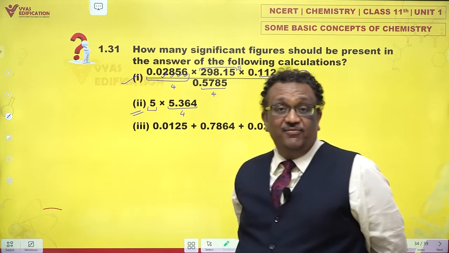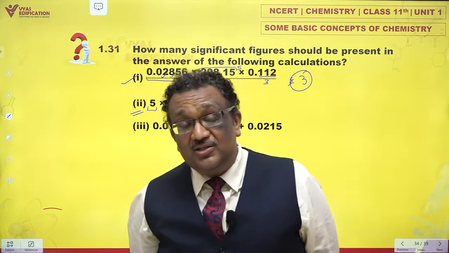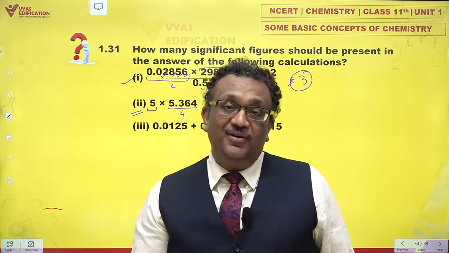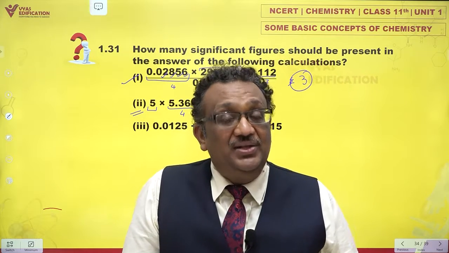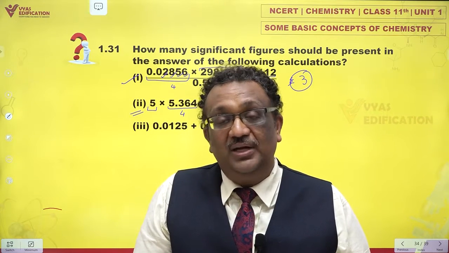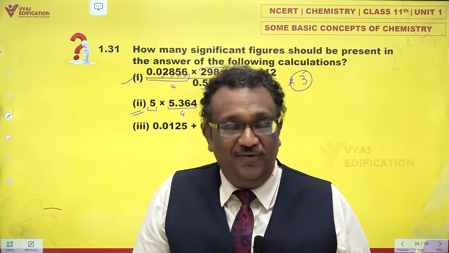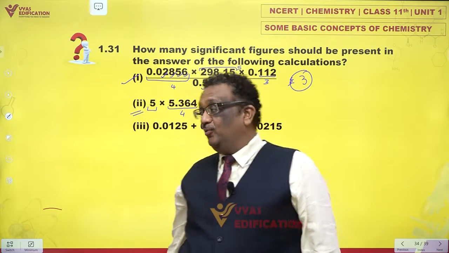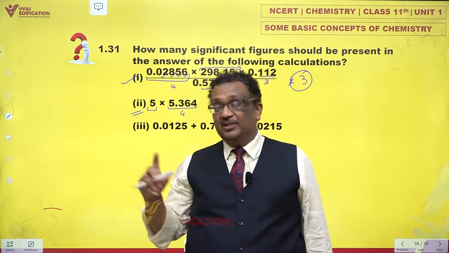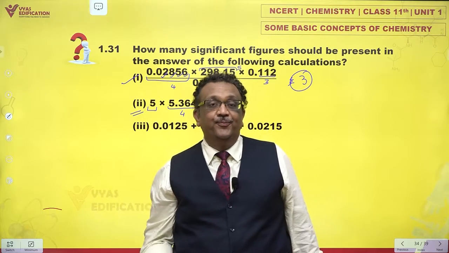This number 5, does it contain 1 significant figure? Actually, the fun part is NCERT has assumed that it has infinite significant figures. Why? I'll tell you, the rule is very simple, but they have made it look very dirty here.